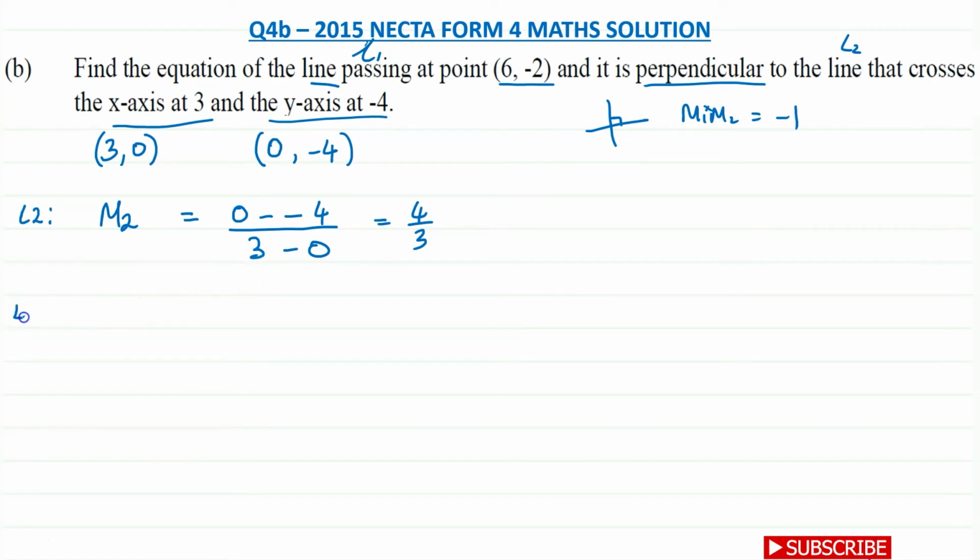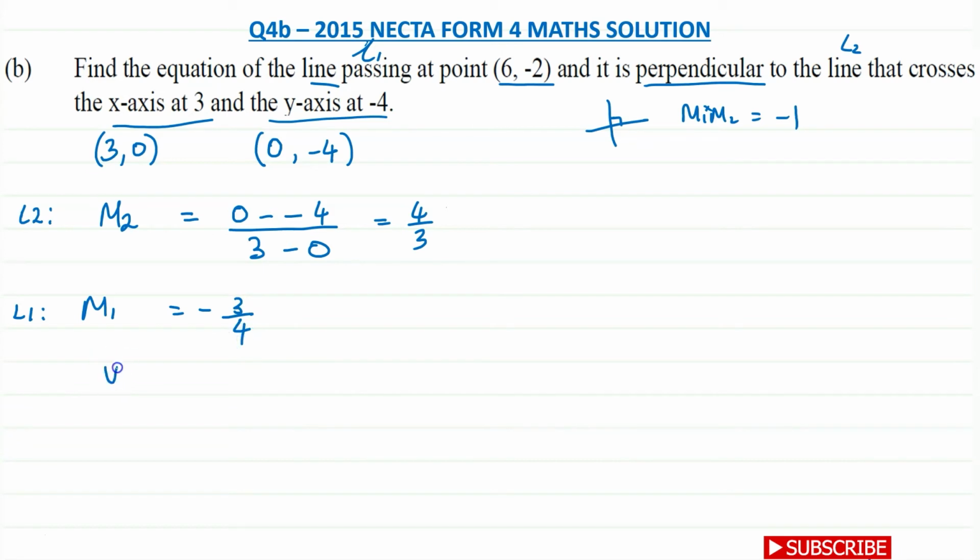It means for line 1, m1 is going to be the negative reciprocal of m2. So it's just this number flipped upside down, and then you change the sign. This is positive, so m1 is going to be negative, and then we flip the number, so -3/4.